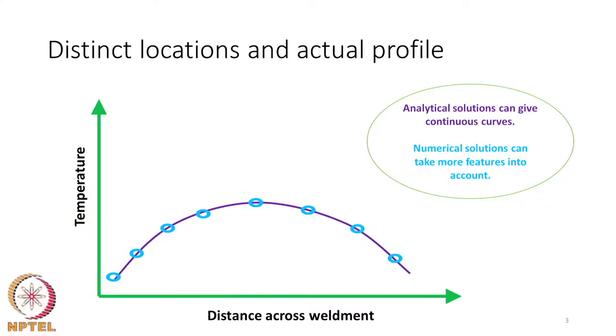You could think that the curve may represent either an analytical solution or the exact solution that is actually prevalent, and the circles in blue are representing the numerical solution that we would like to generate as part of our solution. And the difference between numerical and analytical is that the analytical solutions can give you smooth curves, while numerical solutions will give the solutions at discrete locations.